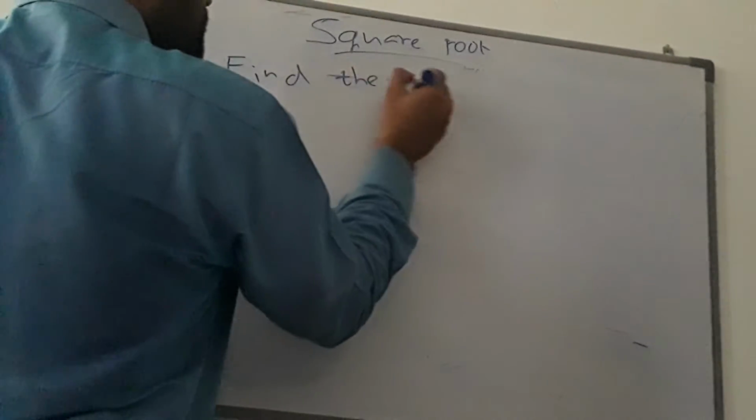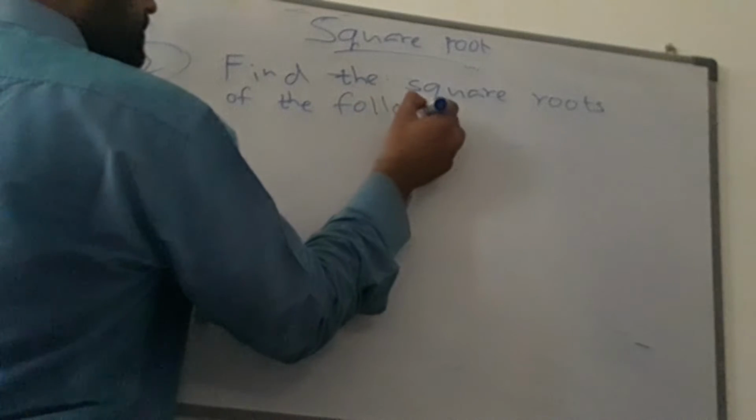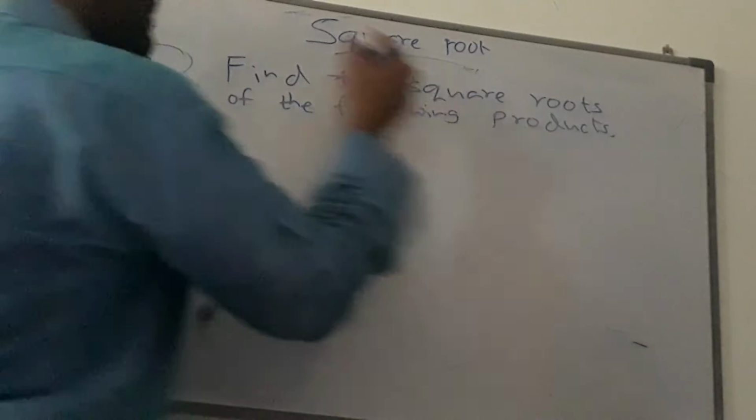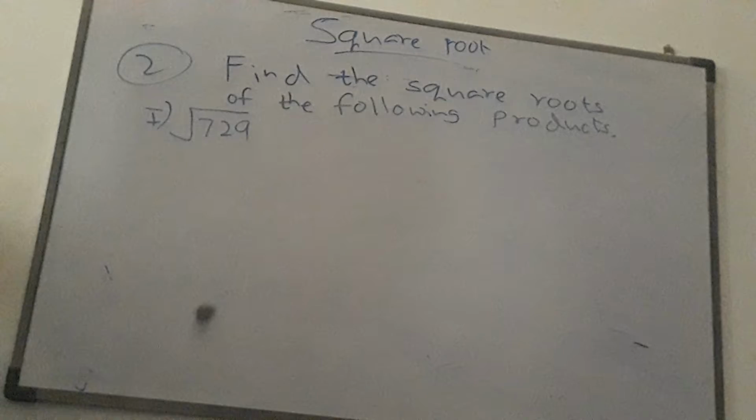Under square root second question, the question is: find the square roots of the following products. Okay, when you are to do this, under this, now the first question is the square root of 729.